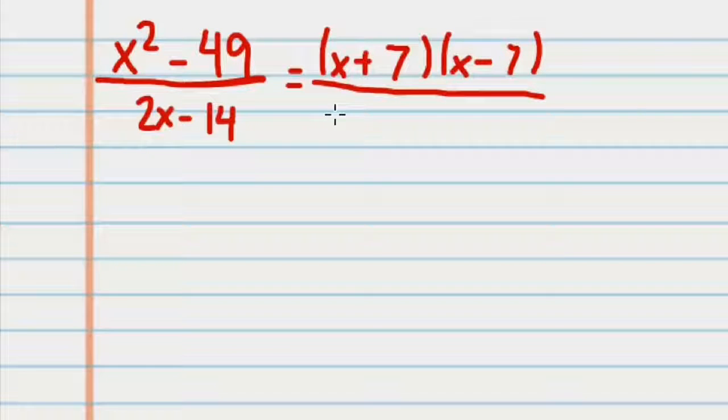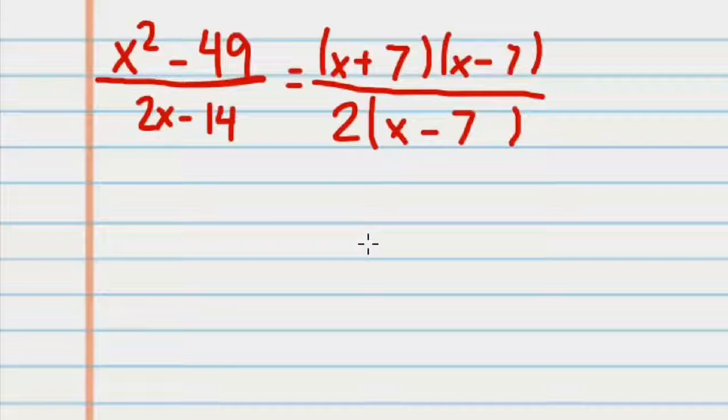The factors of 14 are 7 and 2. So, 2 is in both of those terms, so we can pull it out front. And what it will leave behind inside is an x from the first term and a 7 from the second term. So it factors into 2 times x minus 7. The denominator is factored, the whole expression is factored.